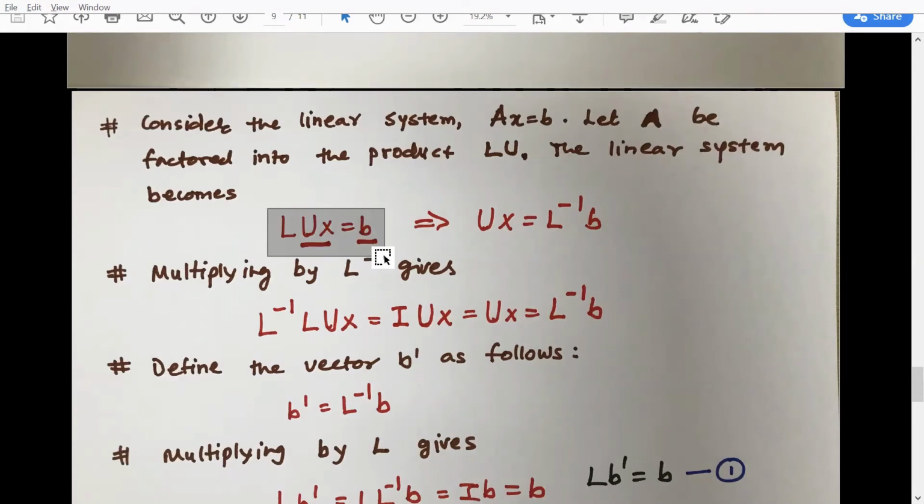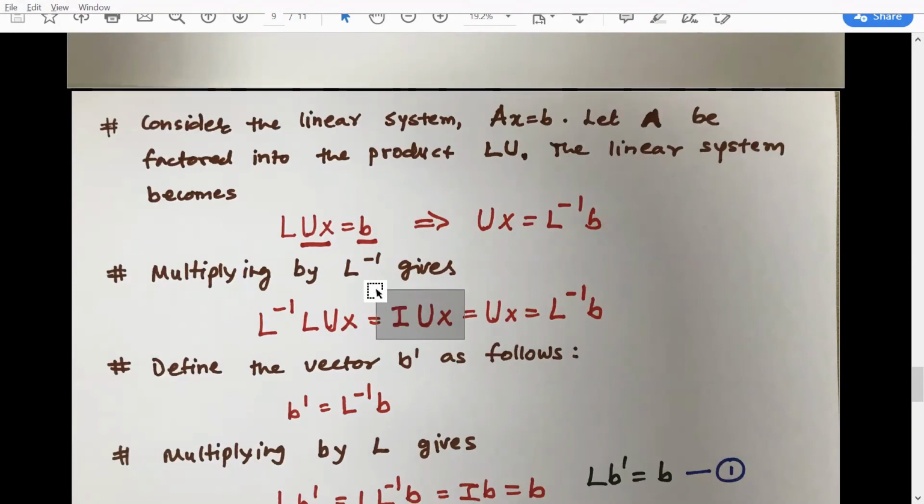Now, a simple procedure. A simple operation will give you UX = L inverse B. Multiplying L inverse on both sides, L inverse L gives you the identity matrix multiplied by UX, and anything multiplied by the identity matrix remains as it is.